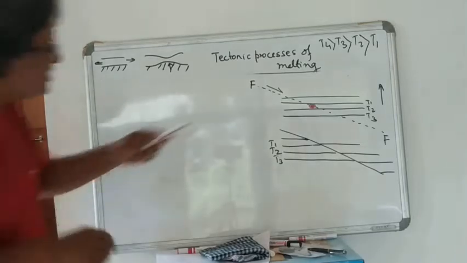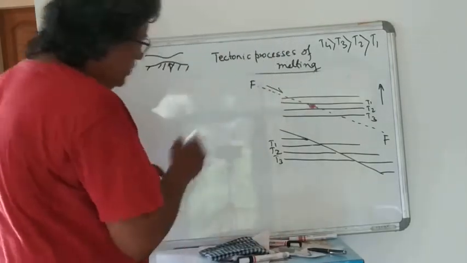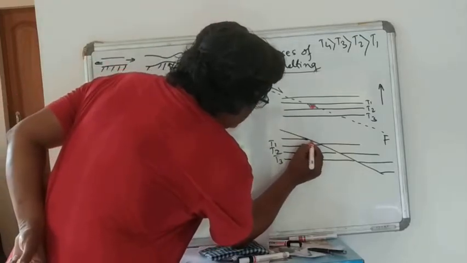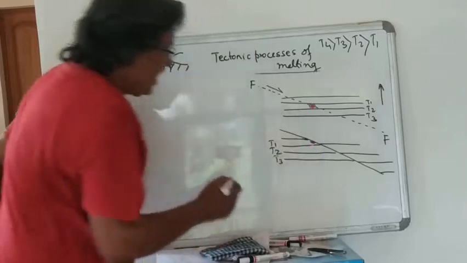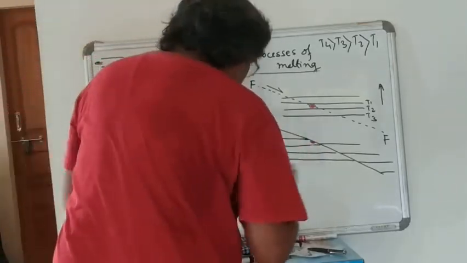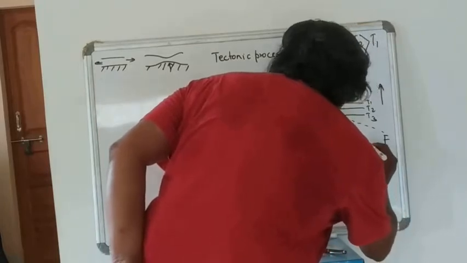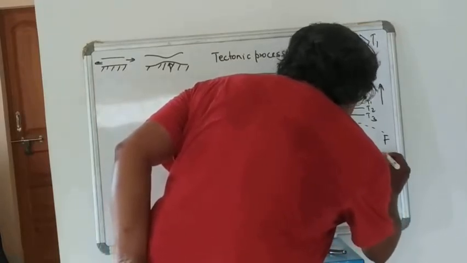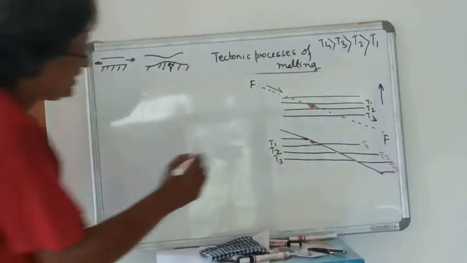Now, this point, which was between T1 and T2, I will draw now a sphere. This point was here. And here, the other point is between T1 and T2.